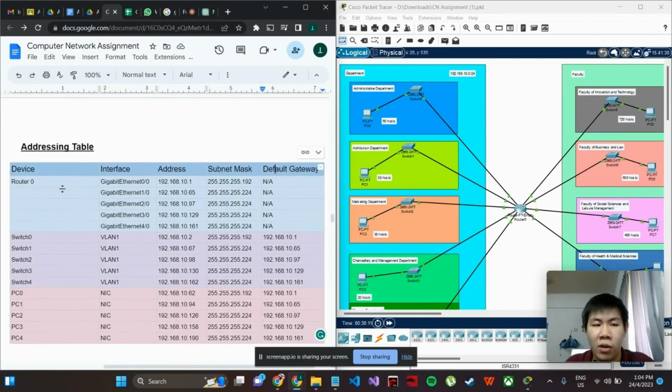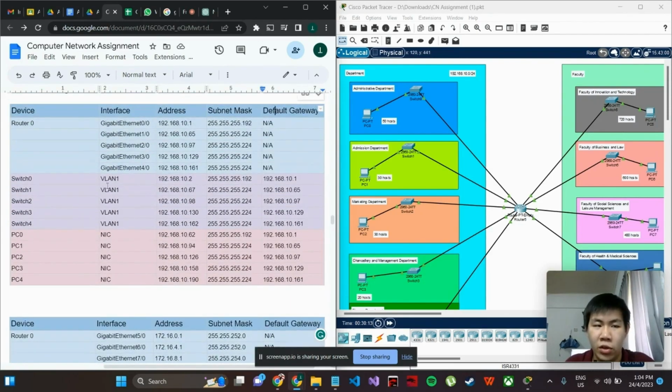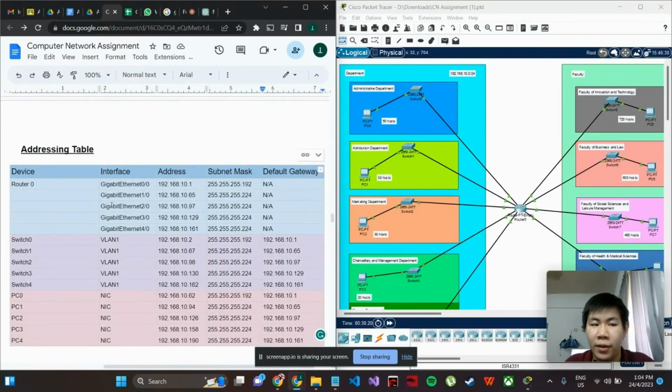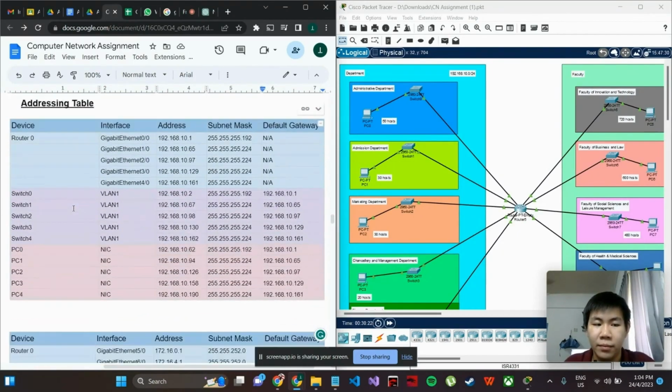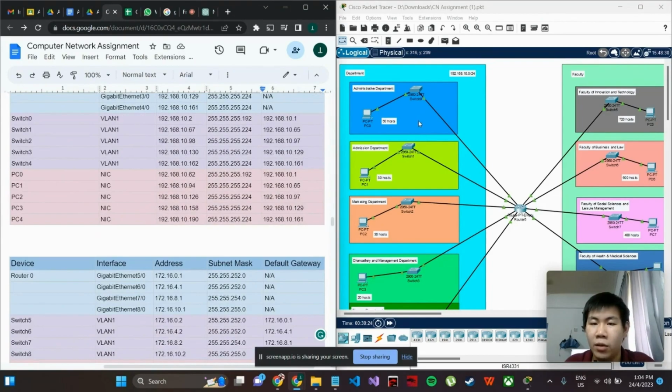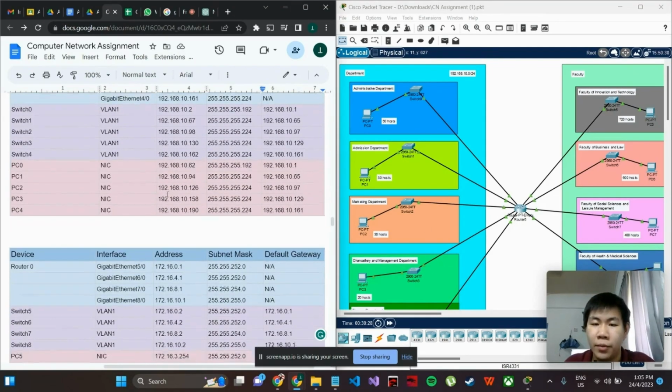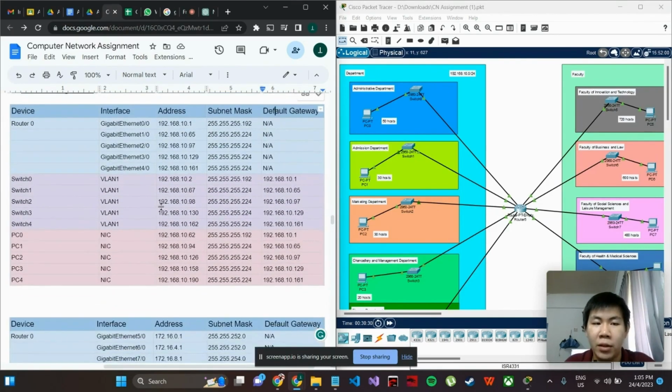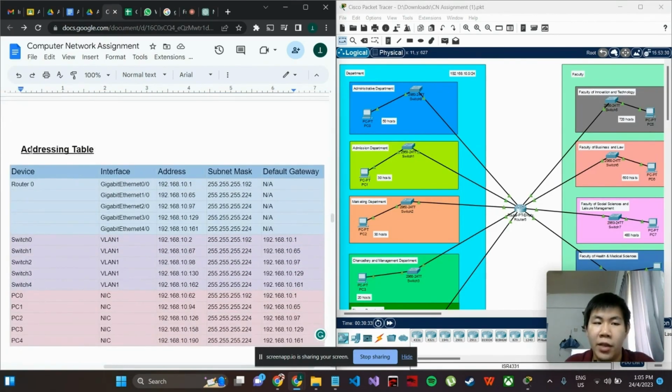So for device, we only have router 0 connecting to the 9 switches, and to each switch we also connect one PC, which is an example for the end device.